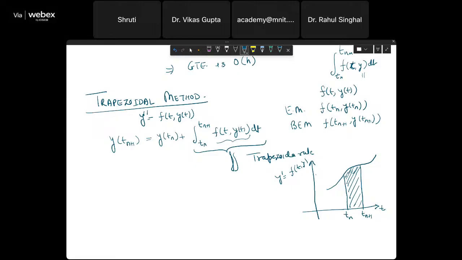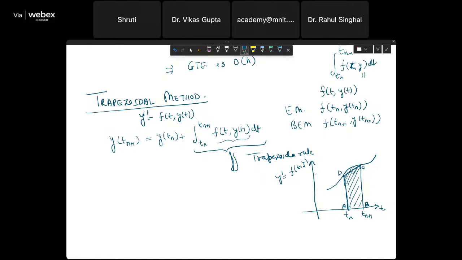In the approximation, we will try to approximate this area with the area of this trapezoid ABCD. These two points I am joining make the trapezoid ABCD. So this integral is approximated by the area of the trapezoid ABCD, which we can compute.